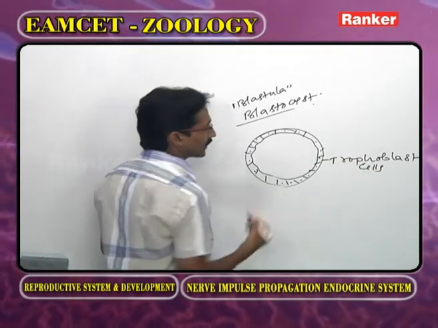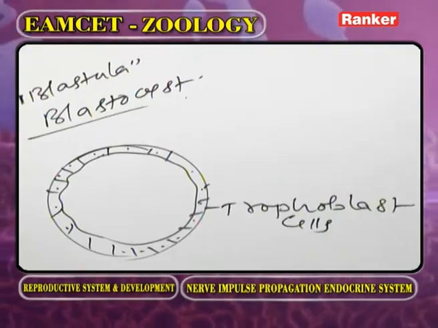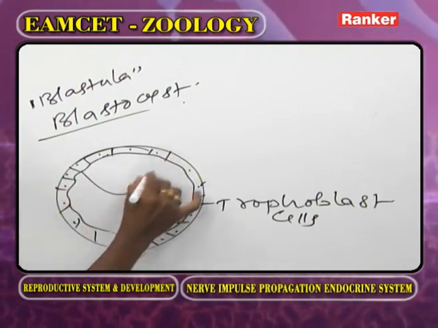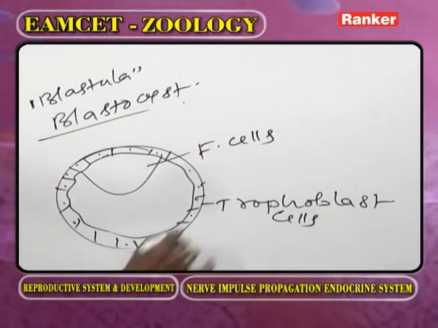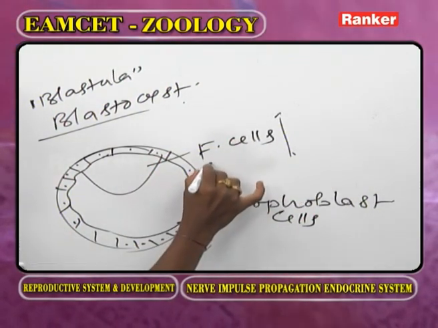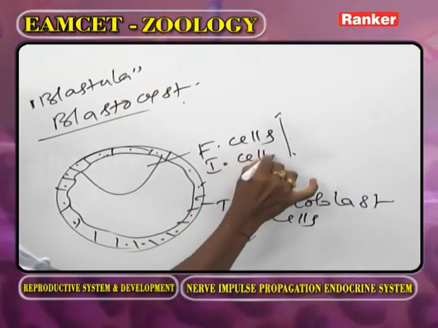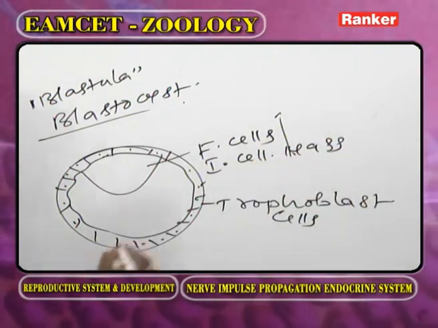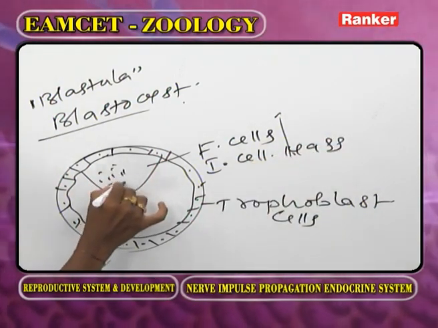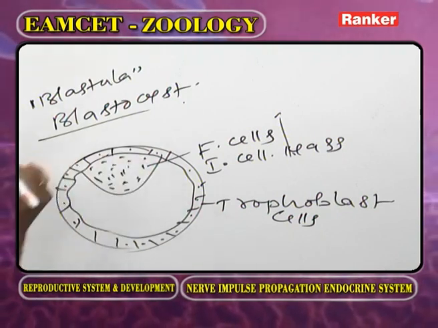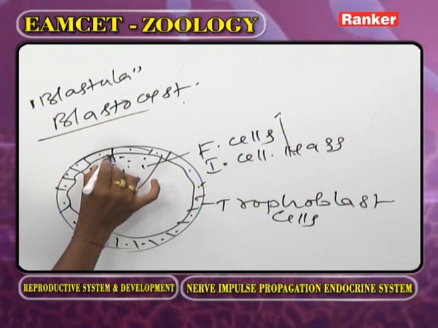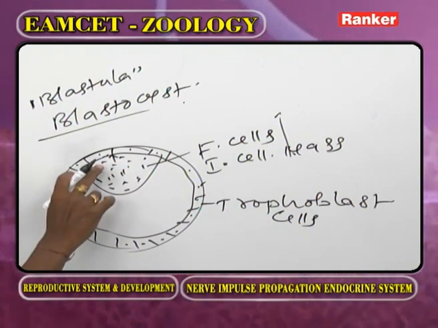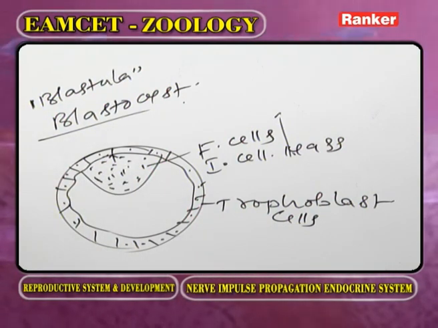Trophoblast cells. Now, on one side of the trophoblast, what are present? The formative cells. The formative cells are also called the inner cell mass. Now this is the inner cell mass or formative cells. Now you observe, this arrow mark indicates the dorsal side of the formative cells.